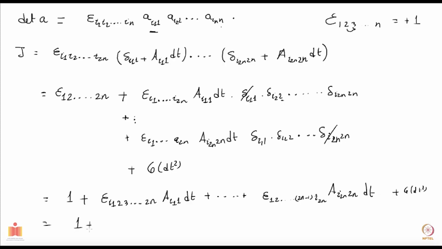So it is 1 plus, this will be a11 dt, next one will be a22 dt, and similarly a_{2n 2n} dt. So you have trace of A times dt. Okay, the sum of all the diagonal entries is the trace of this matrix A.